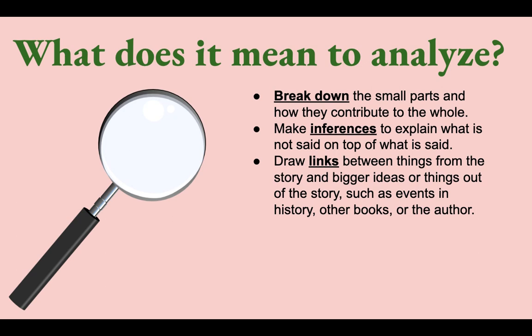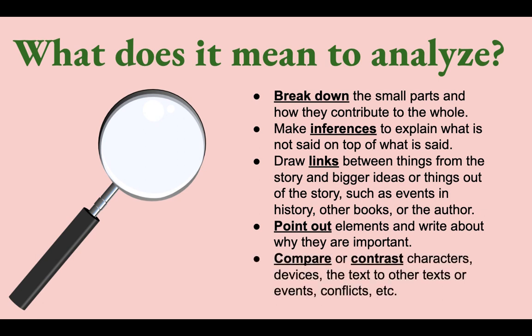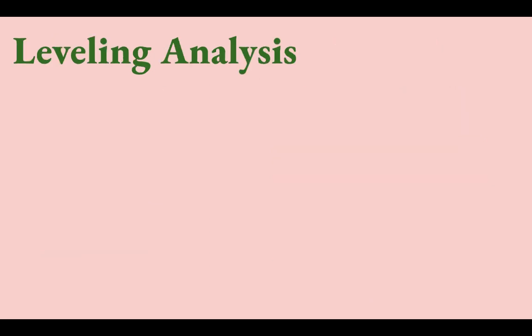So drawing links is one way to analyse. Point out elements and write about why they're important, so identifying things and explaining why they are important to the whole story. And compare and contrast characters, devices, the story to other stories or events outside of the text, or conflicts, or anything.